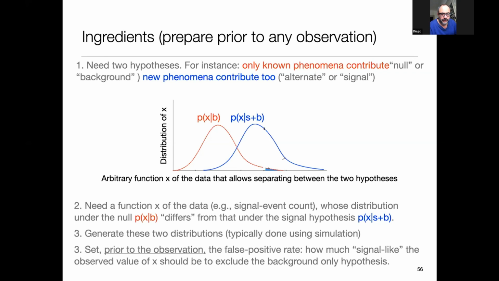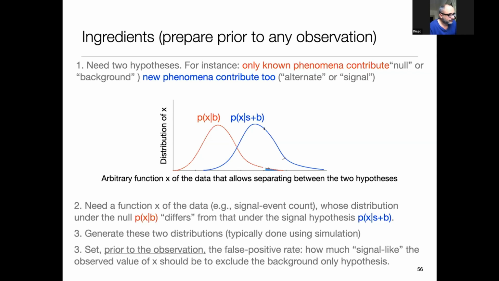And so I generate the distribution of these quantities using Monte Carlo simulation. And I have these two curves here, the red one and the blue one, okay? And so far, I have not yet observed the data. I just have some possible distributions of my data in the two different hypotheses.